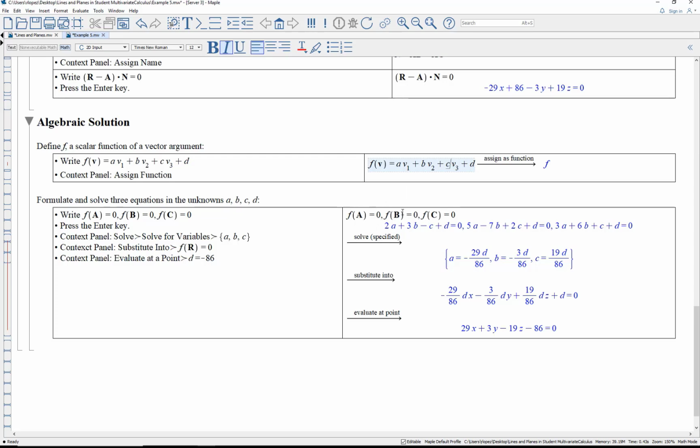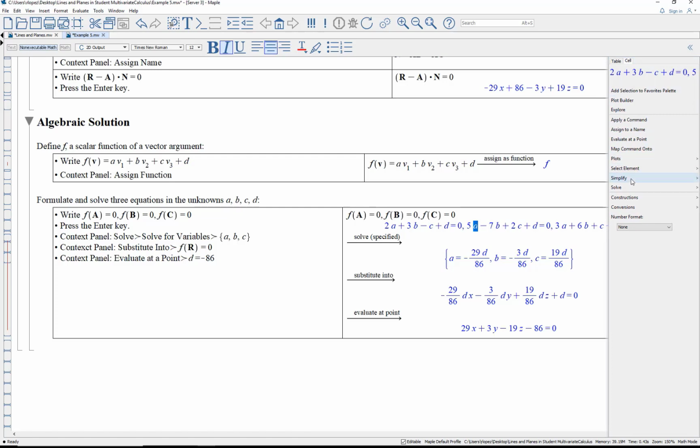So f at A equals 0, f at B equals 0, f at C equals 0. This is going to give you 3 equations in 4 unknowns, A, B, C, D. But there are really only 3 unknowns, because at least one of those has to be non-zero. Divide by that, and you've got 3 quantities that you need to find. So here are some equations. You can use the solve command.